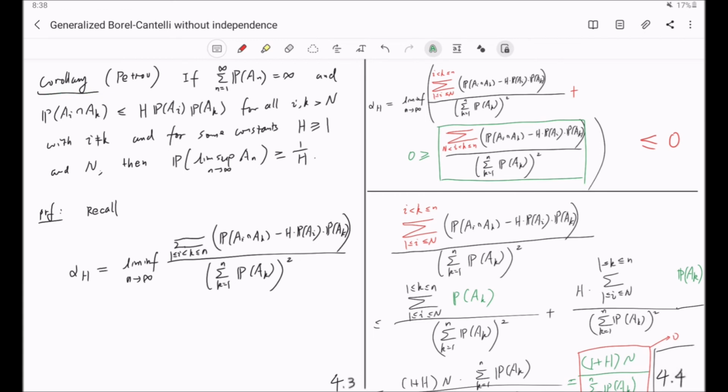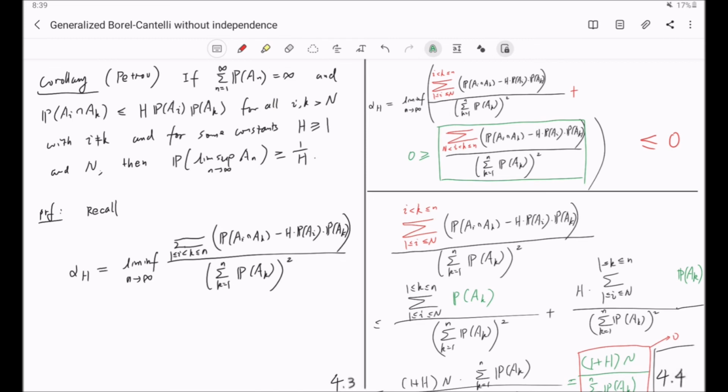We assumed that h is greater or equal to 1 here simply because we want to avoid confusion for the conclusion of this corollary, because if h is smaller than 1, then this probability will be greater than 1, which is absurd. So it is still kind of necessary to assume that h is greater or equal to 1, although this hypothesis already follows from the assumptions before it.